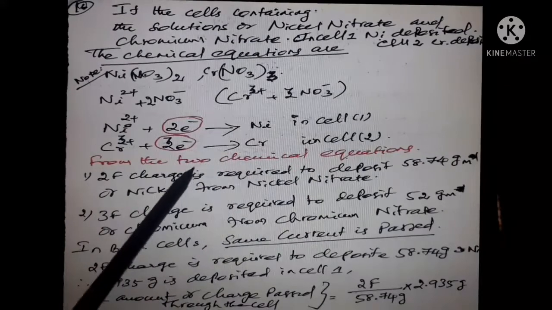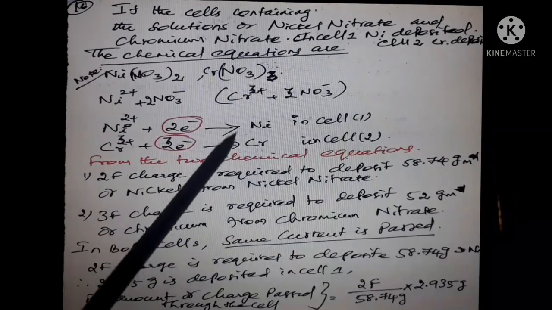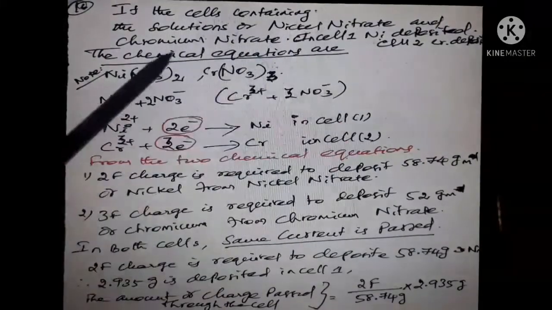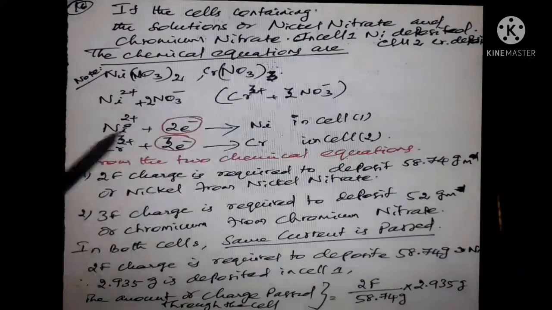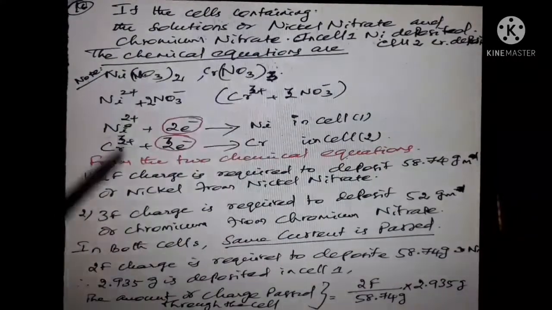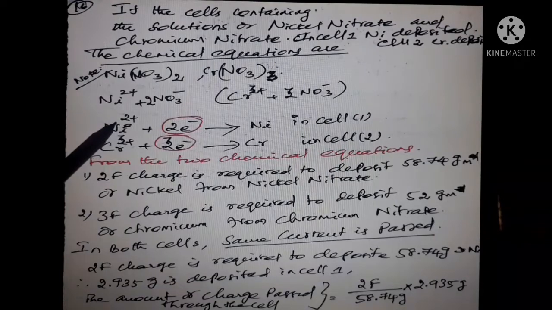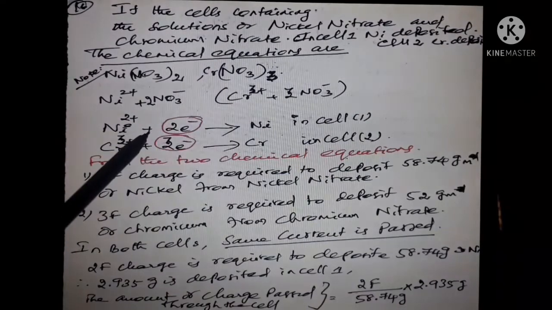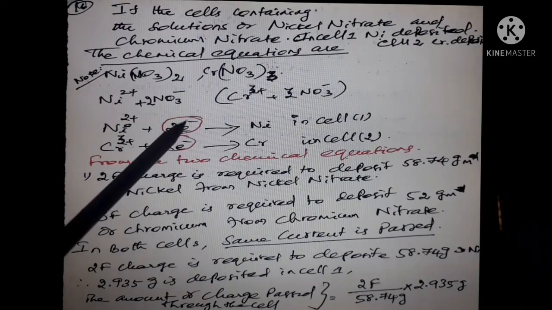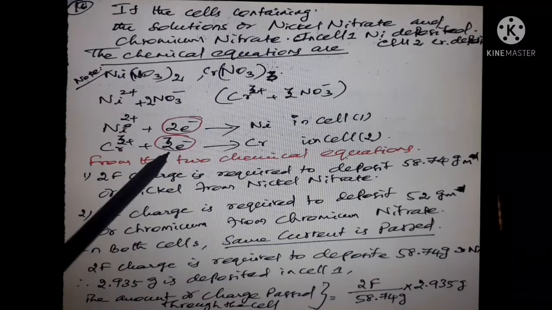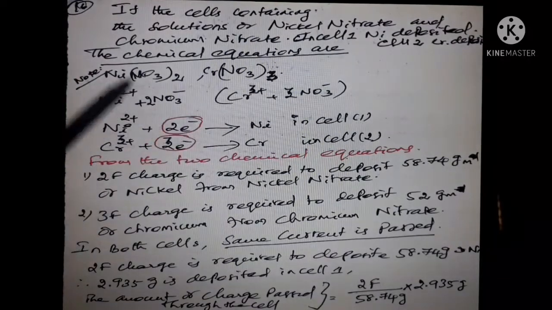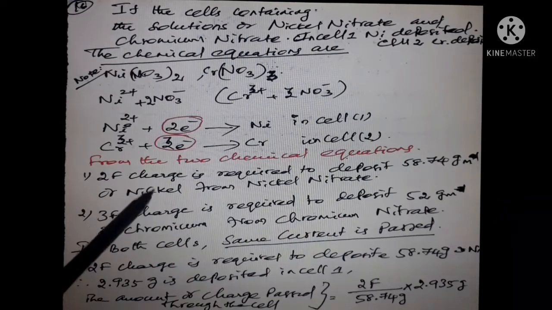So the two cell reactions are: Ni2+ changes to nickel by gaining 2 electrons, and chromium 3+ gains 3 electrons. From these equations, write the conclusion.